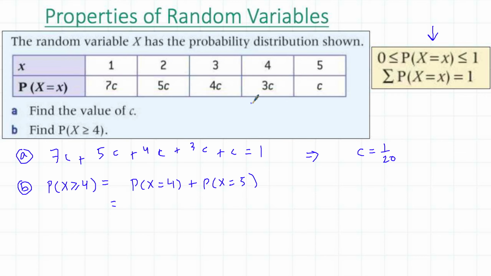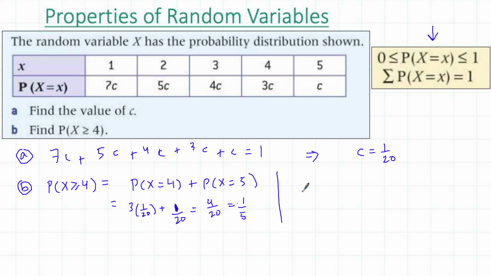Which is, if I substitute the 1 over 20, I get 3 times 1 over 20 plus 5 times 1 over 20. And that would just be 4 over 20 or 1 over 5. This is a 1 just to emphasize.